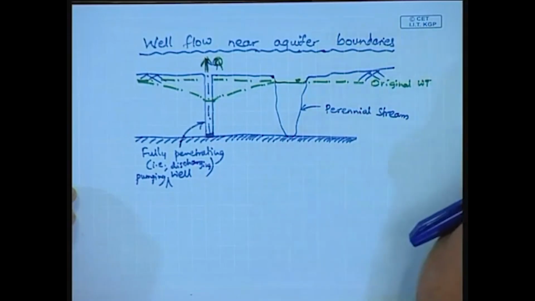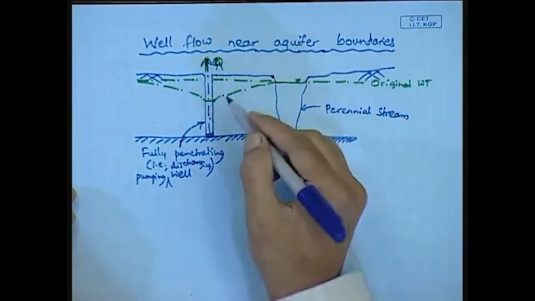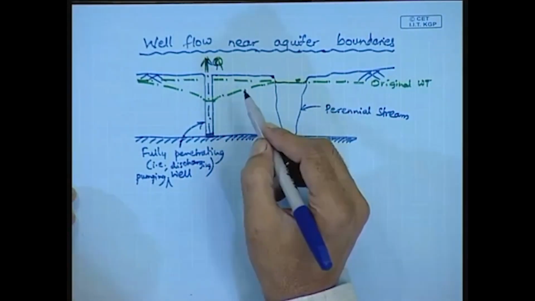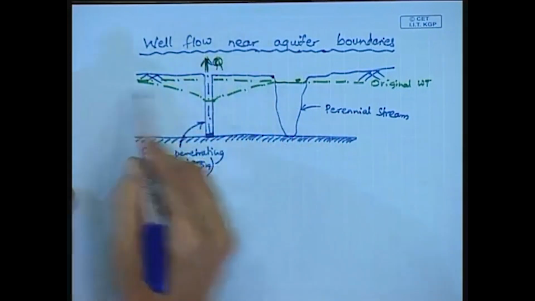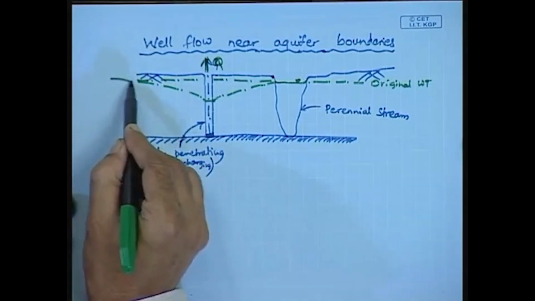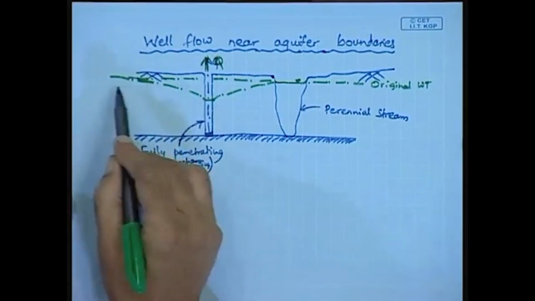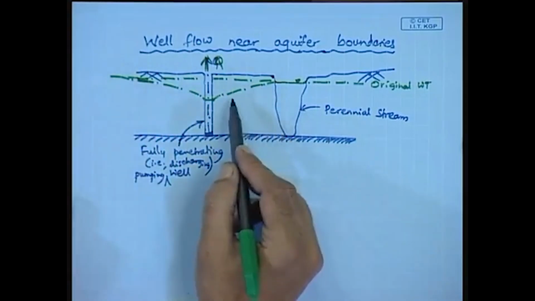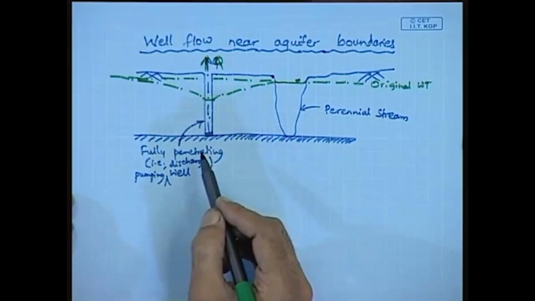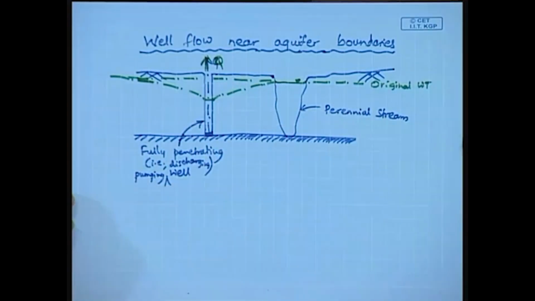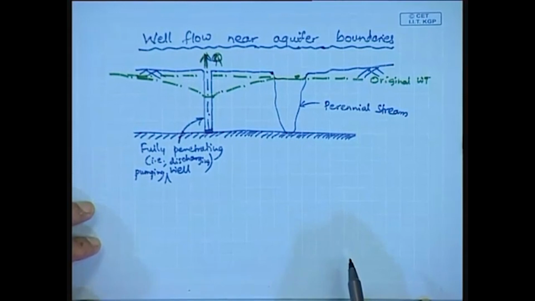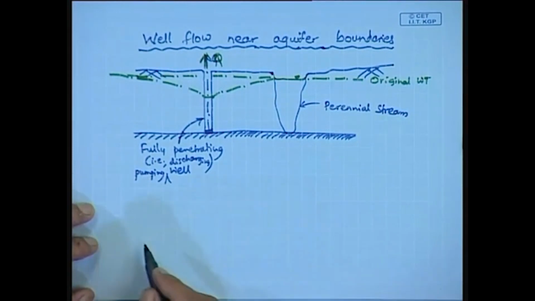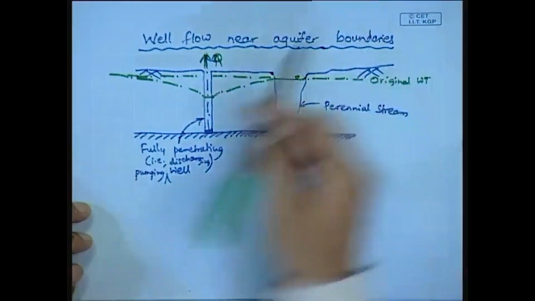In this case, the water table's cone of depression will have a flatter slope away from the stream and a steeper slope towards the stream. Let me redraw this.